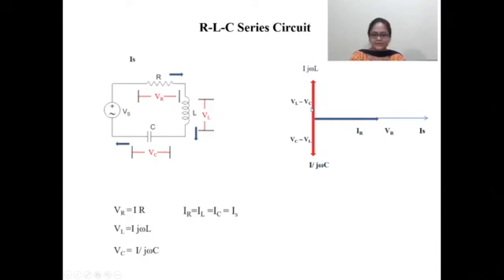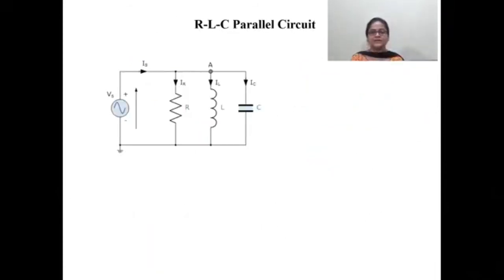So VL minus VC plus VR will give us the resultant, which is nothing but Vs, which is represented by VL minus VC plus VR equals Vs. You can also draw it the reverse way, that is VC minus VL plus VR is equal to Vs. The only difference will be this arrow, which is at the 45 degree, can be seen 45 degree tilted in the bottom.